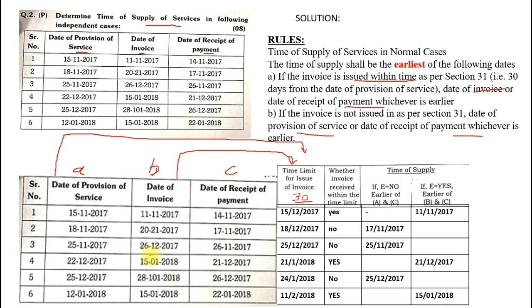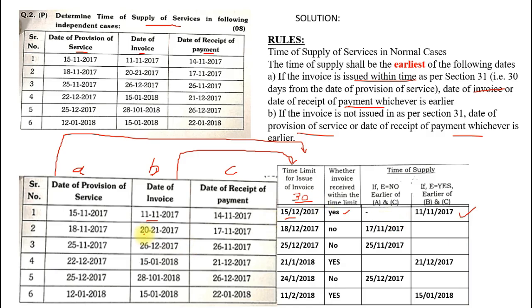First sum, the date of invoice is 11th November, and the time limit is 15th December. So here the date of invoice is before the time limit. Yes, it is before. If it is before, the rule is date of invoice B or C, whichever is earlier, that is date of invoice or date of payment. So among the two, 11th November is the earliest date, so my time of supply will be 11th November.